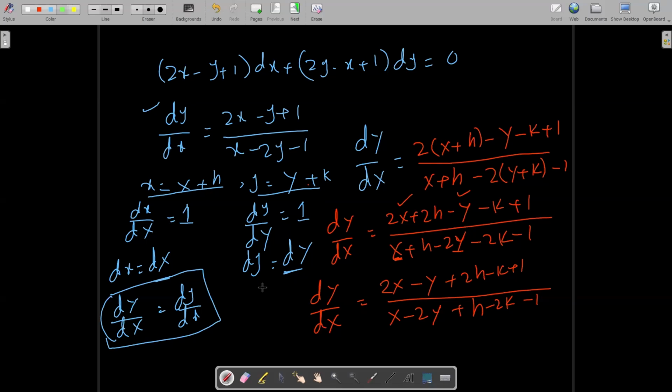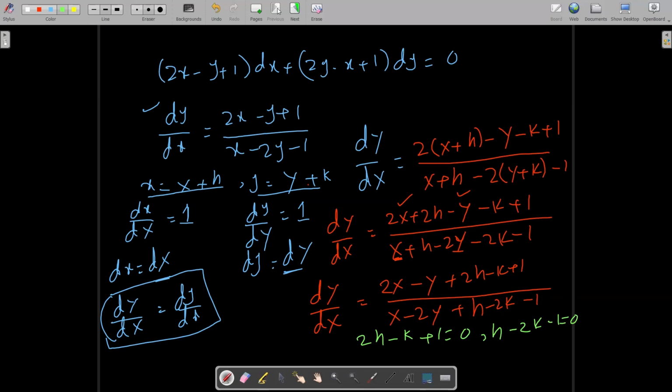So we take the constant terms equal to 0 to reduce the given differential equation into a homogeneous one. And we have to solve these two equations for h and k.